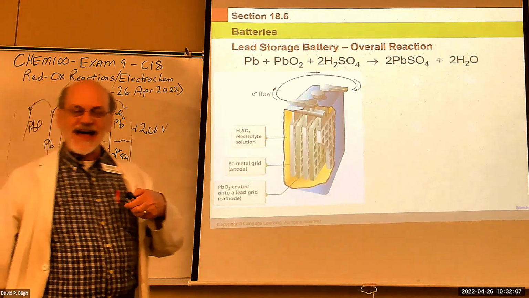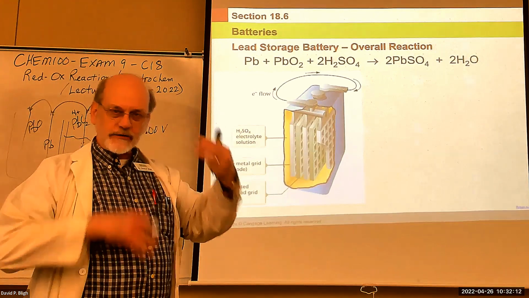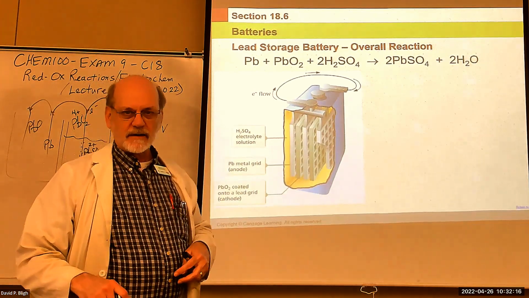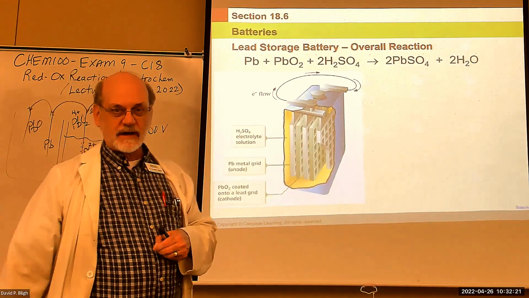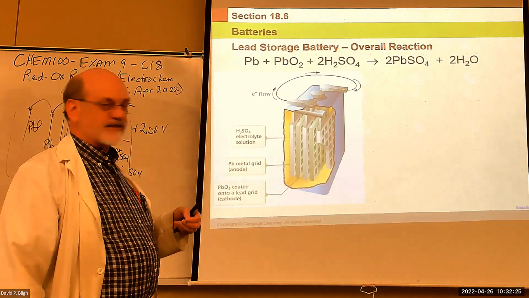So the physical design of these batteries is important for their number of cycles and long life, and not just the voltage, but how many amps they can produce. And the amperage is a function of surface area.